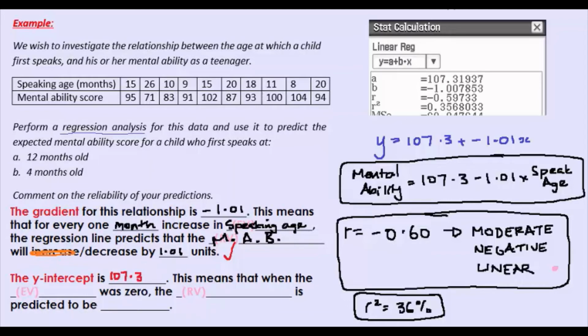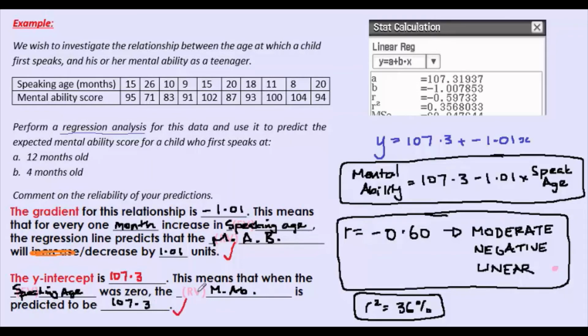What that means is that if we had an explanatory variable, a speaking age of 0, so a baby's born already talking, that was wonderful, mum, then we would expect the response variable, the mental ability score, to be 107.3, and that's how we interpret the Y-intercept.